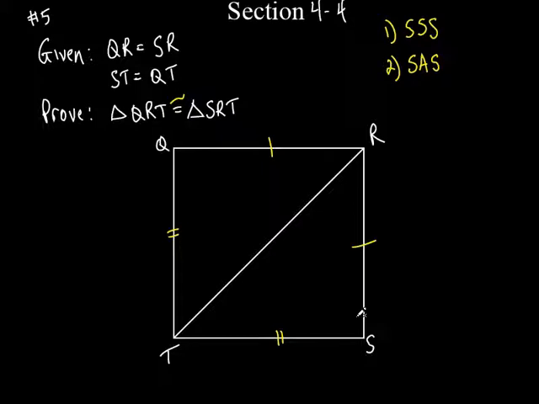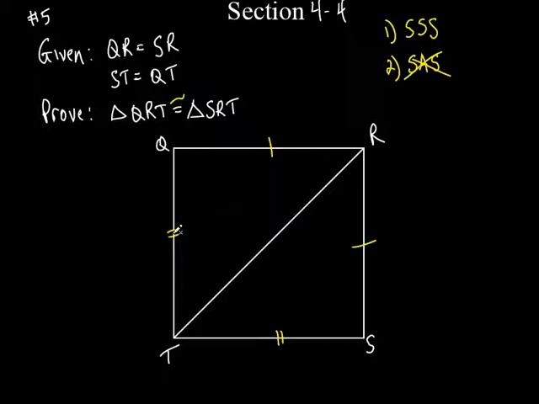No. It might look like it, but just because it looks like it, does that mean it is? No, we can't go by that. We can't just say, well, it looks like it is. No, you can't do that. Okay, you have to be told somehow that angle Q equals angle S, and there's nothing in here to tell us that Q and S are equal to each other. Okay, so we can't do side, angle, side, can we? Because there's no way to show that.